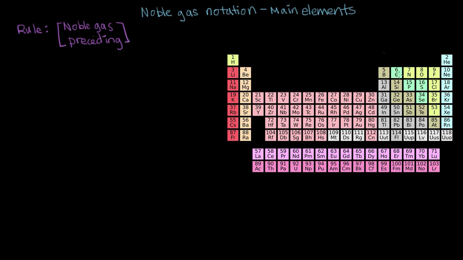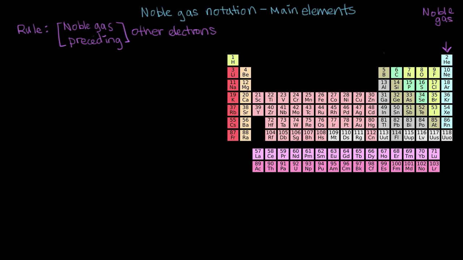So you go up a row and then you go over to here where the noble gases live, and you put that in brackets, and then you write your other electrons using the same notation that you normally write electron configurations in. If you don't remember what that is, we'll go through a couple examples right now, so hopefully it will become more clear.